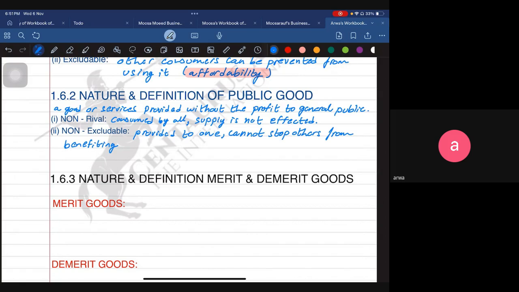So for example, I'm going to write the example here. Public goods example. Like we are talking about street lights.